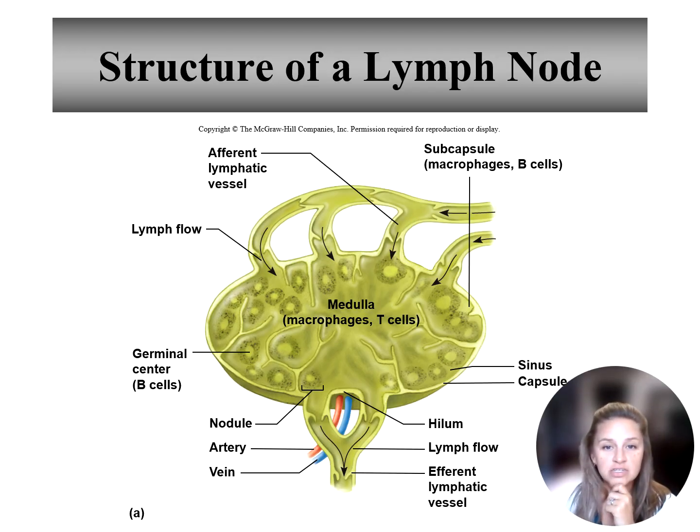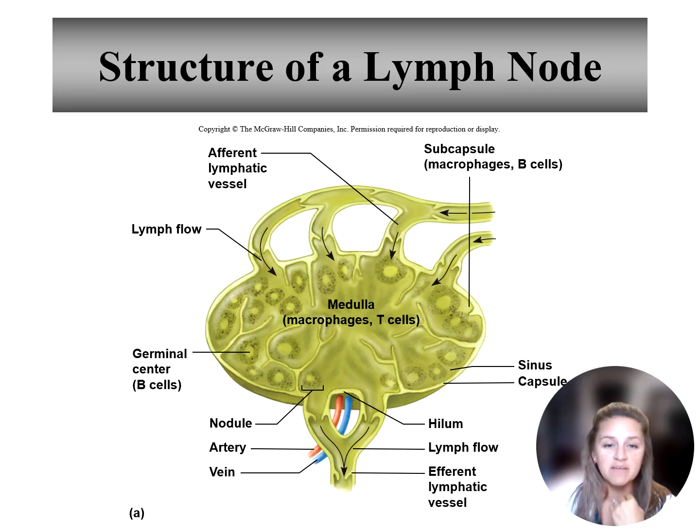So this is the structure of a lymph node. Over and over, you're going to see afferent versus efferent. Coming into the lymph node would be the afferent lymphatic vessels, and leaving the lymph node would be the efferent lymphatic vessels. You can see that these are associated with cardiovascular vessels, an artery and a vein.